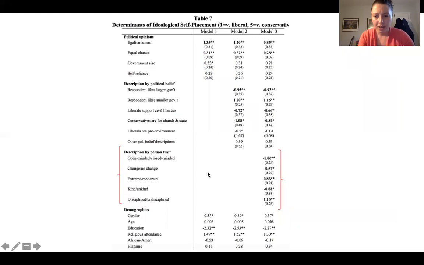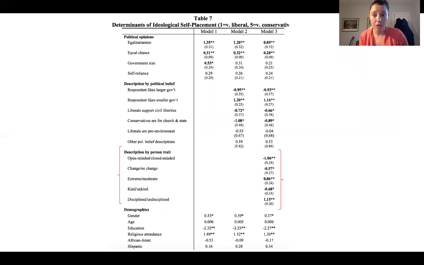And you'll see that when that's put into model 3, stars are coming up for all of these different personality traits. And what that's showing is people that have positive associations with liberals in terms of personalities and traits, they're more likely to call themselves liberals. People that have positive affiliations with conservatives in terms of personality traits, they're more likely to call themselves conservatives.